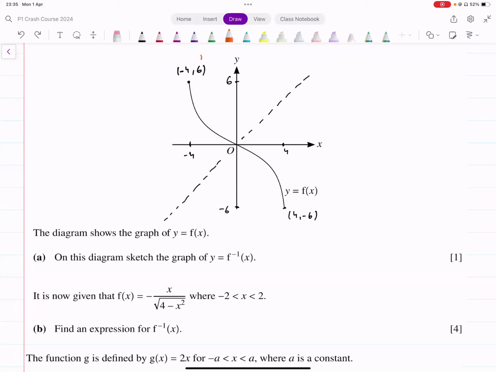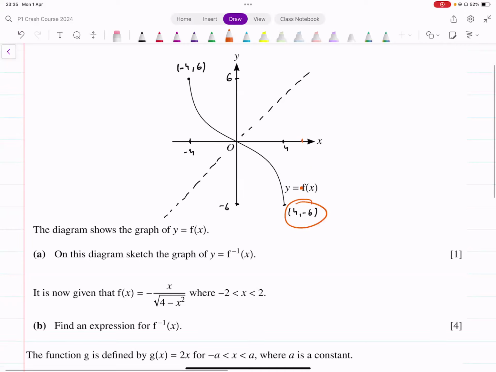Now, where does this point go? This goes to 6, -4. So 6 here on the right side and -4 down, so maybe somewhere around here. I'm going to mark this point here. One point is coming here, okay? And similarly, where does this point go? 4, -6.